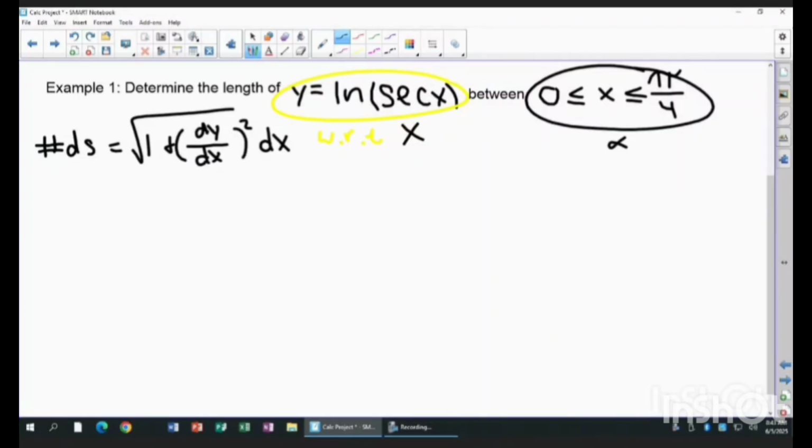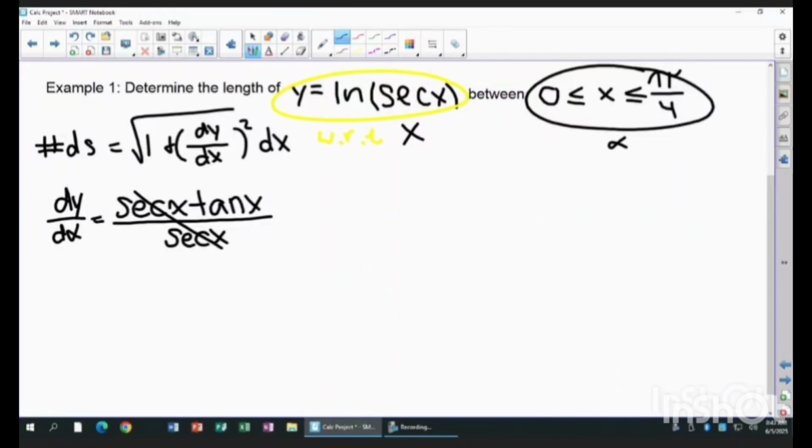This is the step you always want to take first when trying to figure out the length of the curve. So you find the derivative. The derivative of secant is secant x tan x. And since it's ln, you multiply that by 1 over the inside, which is secant x.